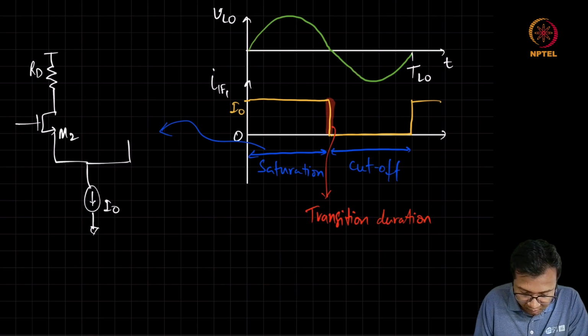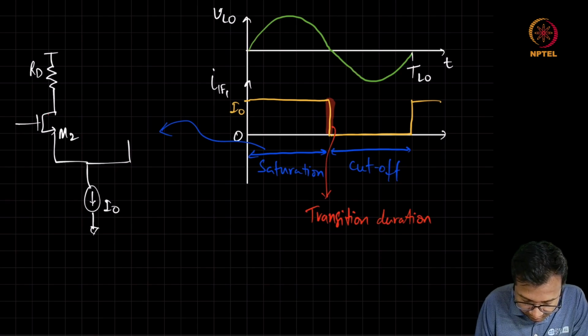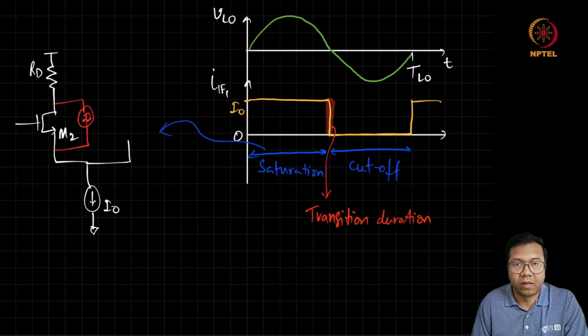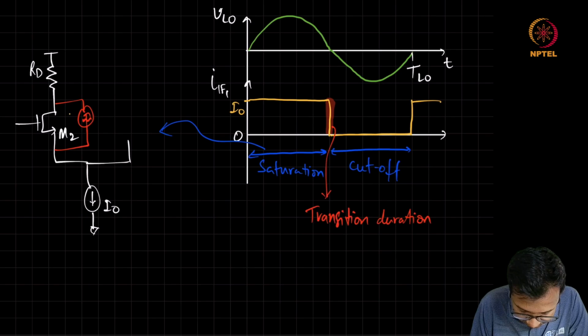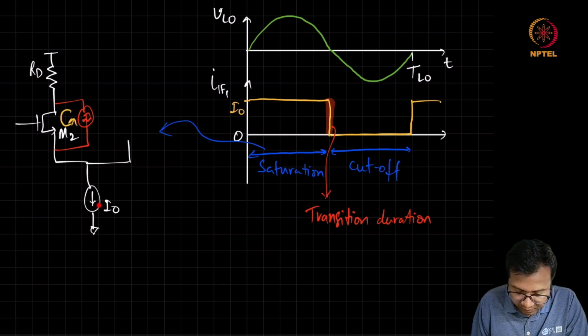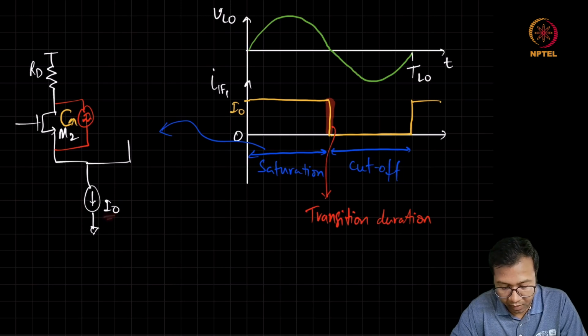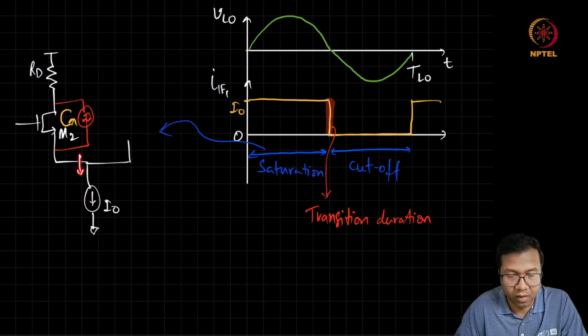And if at all there is any noise in M2, this noise is just going to loop back in M2 itself, because here we have a very high impedance looking downside.